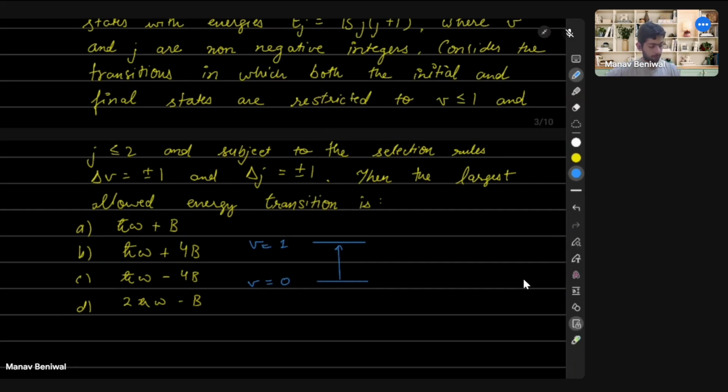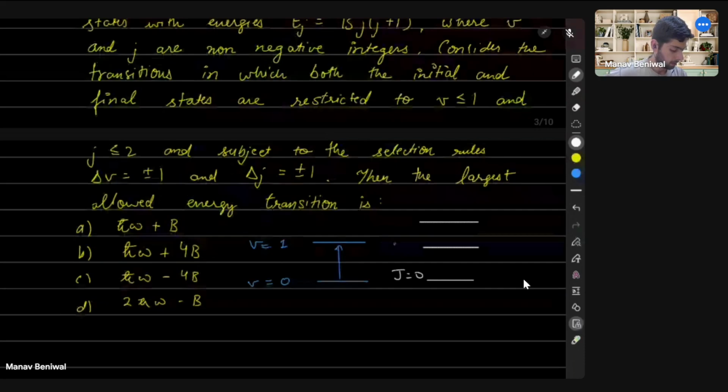But for rotation, we have three possible states. These three are there, and therefore by selection rules these two transitions are possible. Okay, these two are possible.